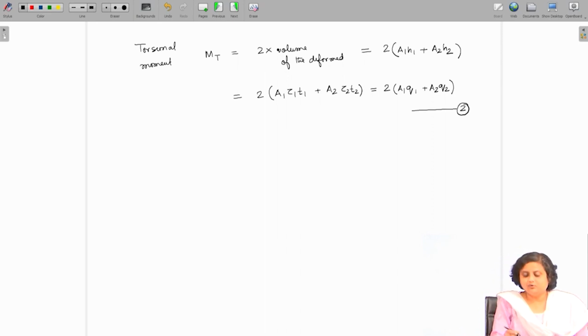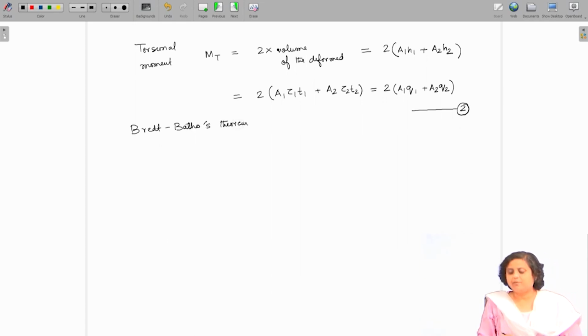Now let us use Bredt-Batho theorem. From equation 2 we have seen that if we can find the value of Q1 and Q2, then we can express them in terms of the applied torsion moment MT. Now let us see how we can solve for Q1 and Q2.